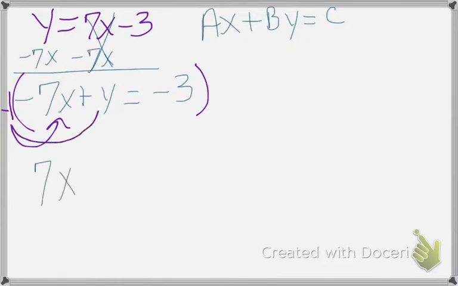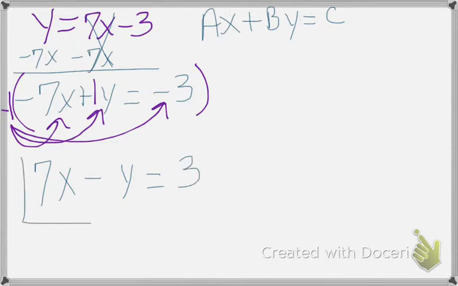Negative 1 times a positive 1y makes this a negative 1y. And then we don't need the 1 here. Equals negative 1 times a negative 3 is a positive 3. There's your standard form, which you can label on your graph.